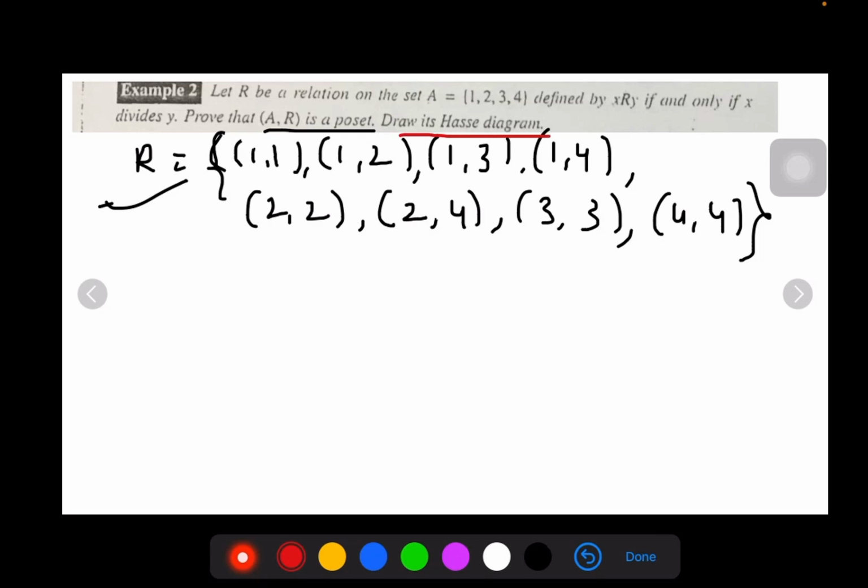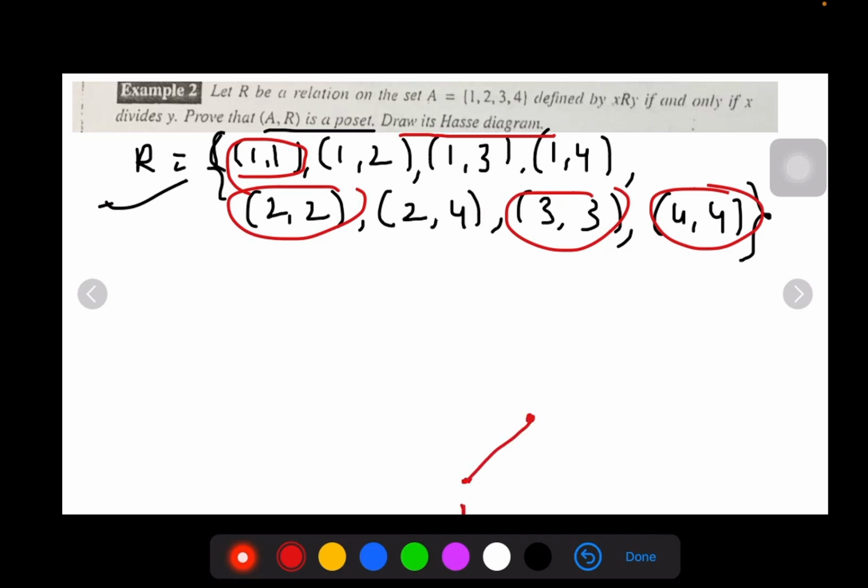That's why we have to write the Hasse diagram for this. So how do I write? Don't write the self loops. For the rest of the elements, start from vertex 1. 1 is related to 2. Okay, I have taken this. Then 1 related to 3. Yes, I have taken this. 1 related to 4, but 1 related to 2 is already taken and 2 related to 4 is there. 1 related to 4 is your transitive property.